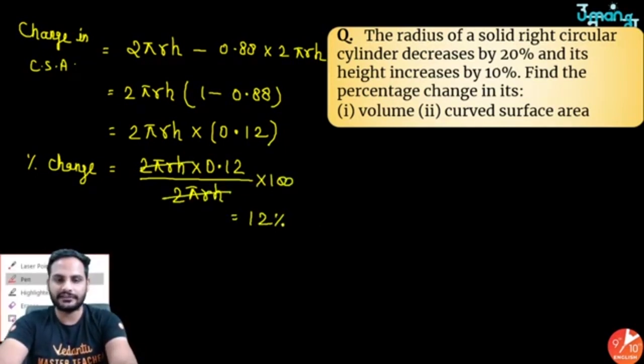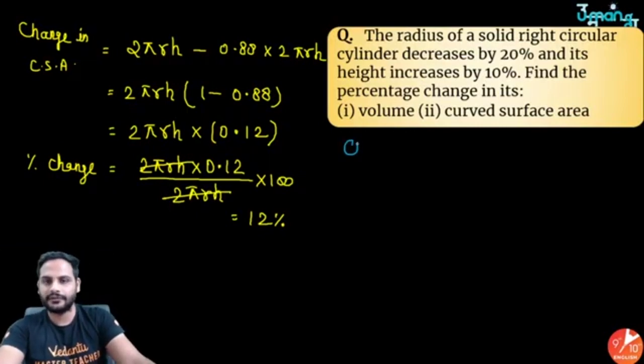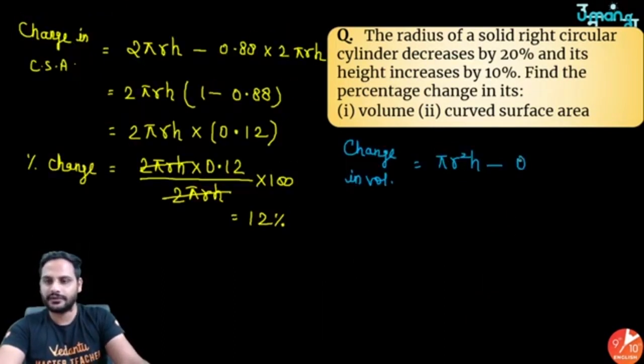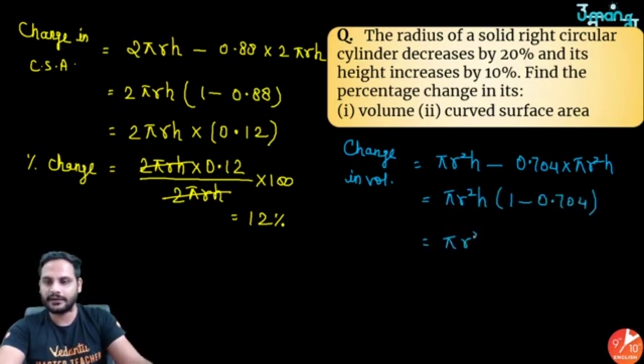Correct? Similarly, the change in volume. Earlier it was pi r square h, now it is 0.704 into pi r square h. Take pi r square h common, so you are left with 1 minus 0.704, which will be pi r square h into 0.296.